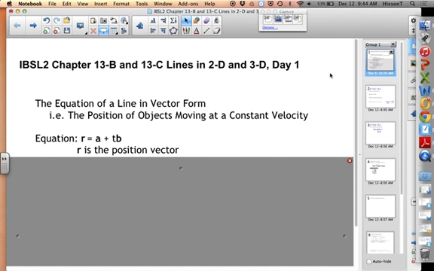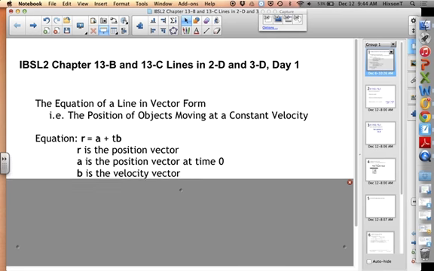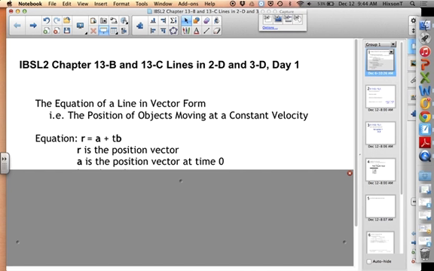I'm using position vectors because that's what's actually in your formula book, so I want you to get used to using that. Okay? So R is a position vector from the origin to a specific point. A is the position vector at time 0. You can think of this as your starting point. Okay? So here was Eric's A, his starting position.